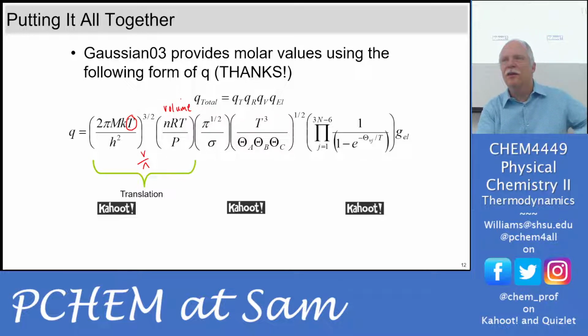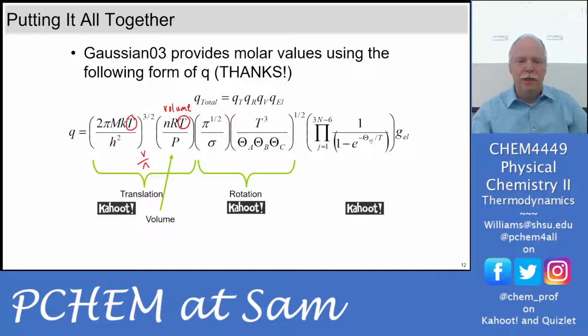And so instead of trying to figure out what kind of volume you're putting your molecule in, let's just calculate the pressure. Okay, and so that's where that nRT comes from. So this gives us another 2/2 temperature dependence for translation. So it's temperature to the 5/2, and we played around with that with some calculations. Then the rotational piece has the symmetry number here, that sigma, and temperature to the 3/2 power again.